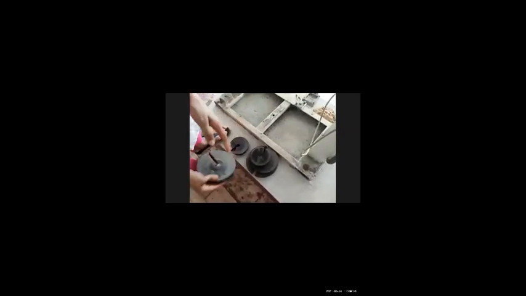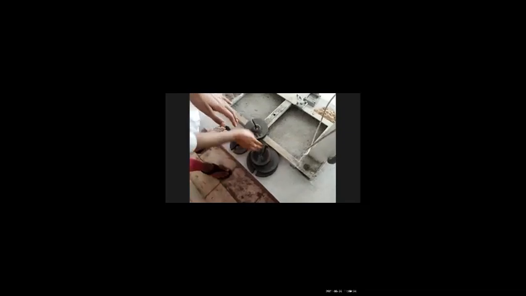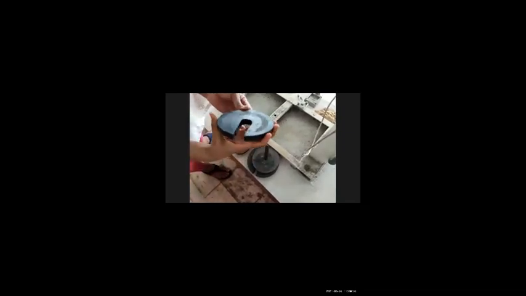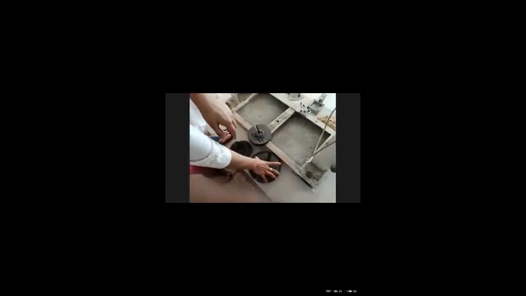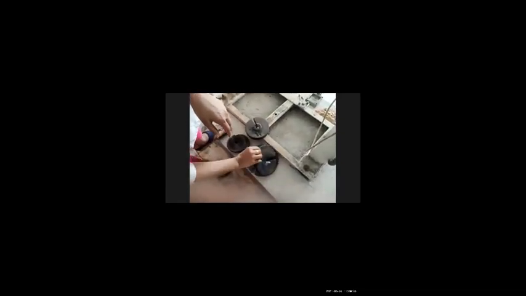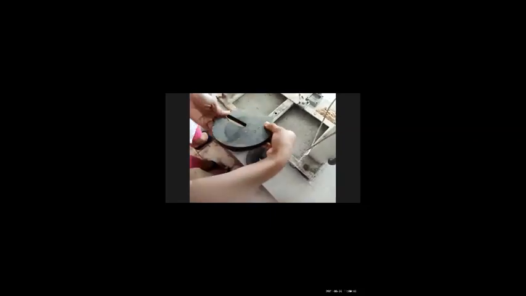This is the 2 kg weight. This is also a 1 kg weight. This is the heavier weight, 2 kg.